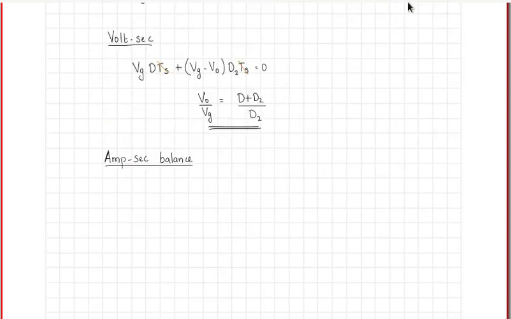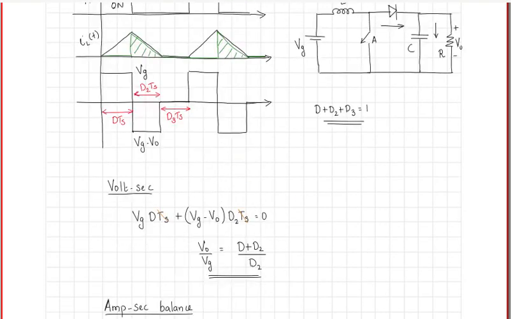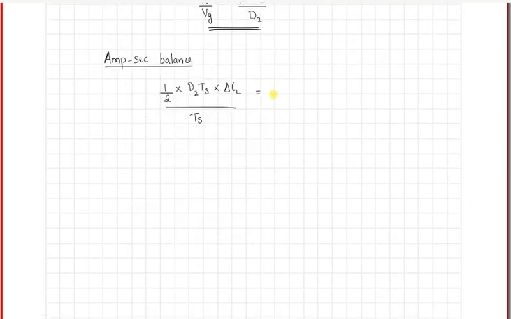So the average value would then be equal to half into base, which is D2TS, into delta IL, that is the area, and therefore the average value would be this divided by TS, and this should be equal to the current through the capacitor, the current through the output, because the average current through the capacitor is 0, and therefore we can write this is equal to V0 by R. Right, so again TS would cancel out.